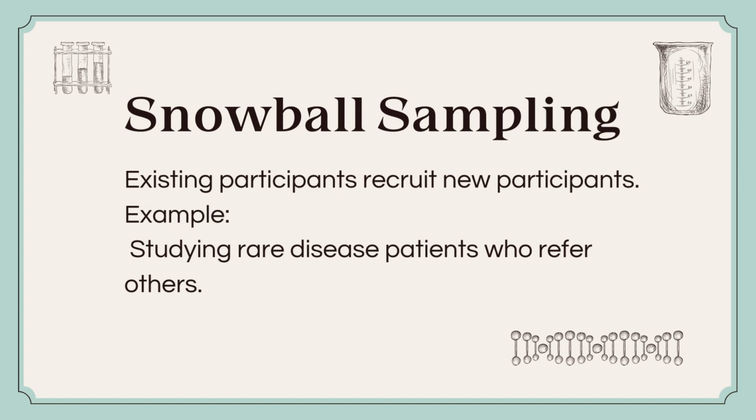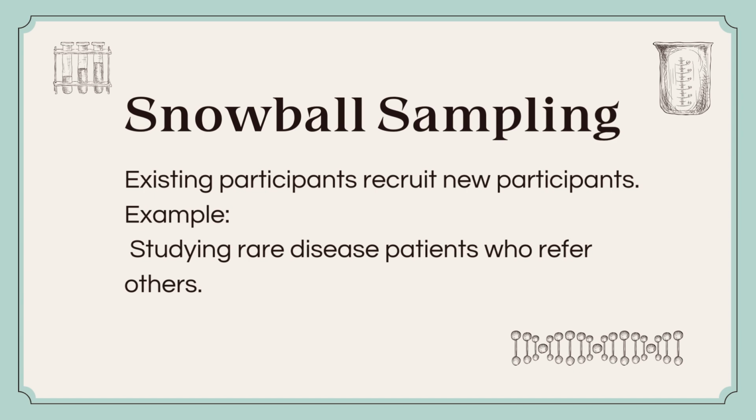Now, the final non-probability sampling method is snowball sampling. Existing participants recruit new participants. What does this mean? It's kind of a referral thing. You're depending on referral, because most of the time, like the example we have here, you could be studying a rare disease.